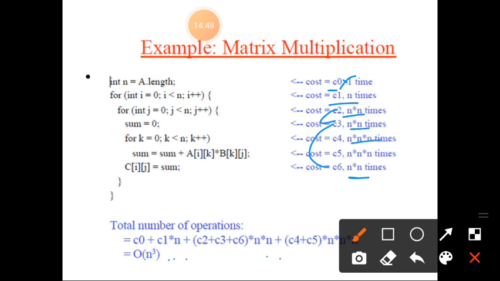Then n cube is for C4 and C5, so C4 plus C5 into n cube. So the total cost will be calculated as n cube, as the highest power of the input size will be considered. So here it is C n cube. So n cube is the time complexity, or the total number of operations required for the matrix multiplication. Okay, thank you.